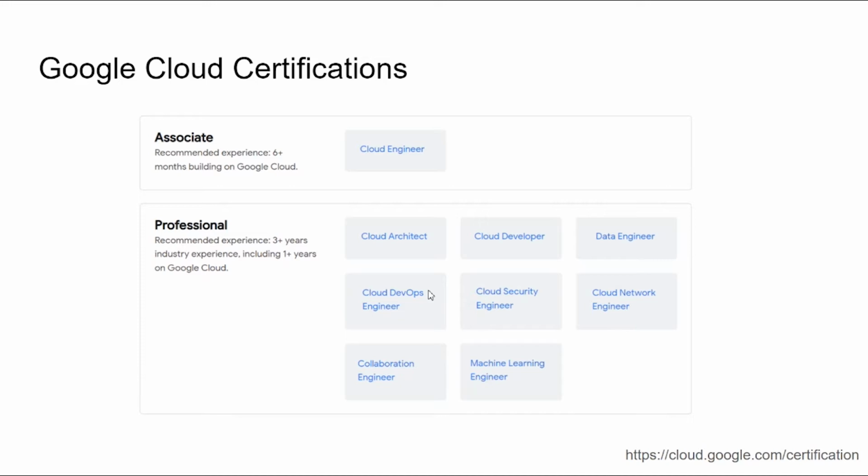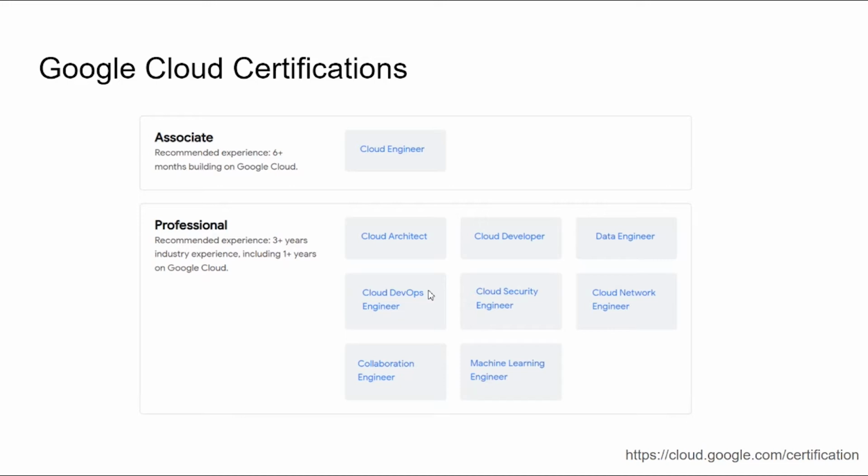Usually it is said that the architect certification focuses on all areas, but not too deep. So you will need to have a rather good understanding of most parts of the Google Cloud technology, but not at a very deep level.